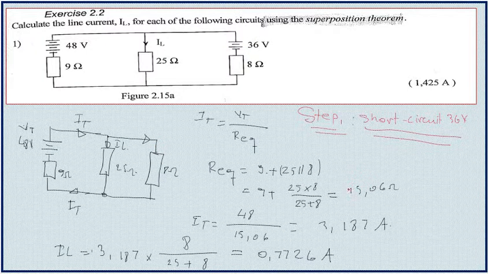So now in the second step, I'm gonna close this source of voltage, and then I will now consider that one. Okay, let's go to the second step. So that is not the current IL. I'm gonna call it IL1, and I'm gonna call that one I total 1, because I'm also gonna have I total 2 if I consider this 36 volts and then I close that one.